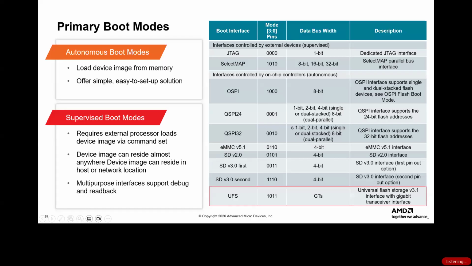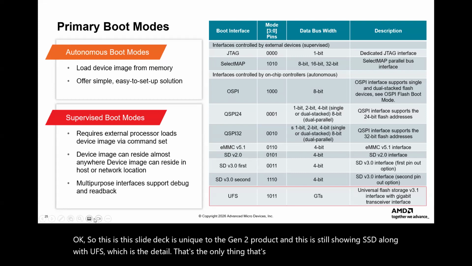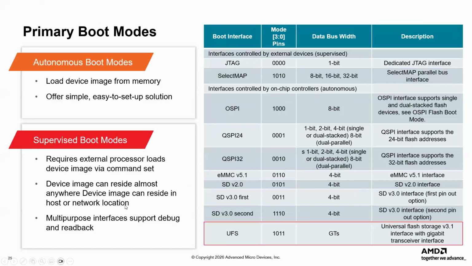This slide deck is unique to the Gen 2 product, and this is still showing SD along with UFS, which is the only thing that's different here: the support for universal flash storage. Other than that, all the other options are the same ones that were being supported: OctoSPI, QuadSPI, eMMC, SD.